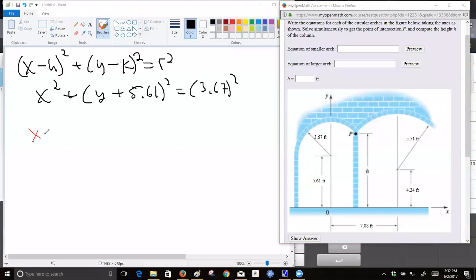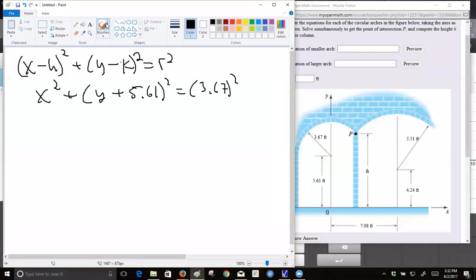So x minus 7.08 squared plus y plus, no, this should be minus, I'm realizing up here.